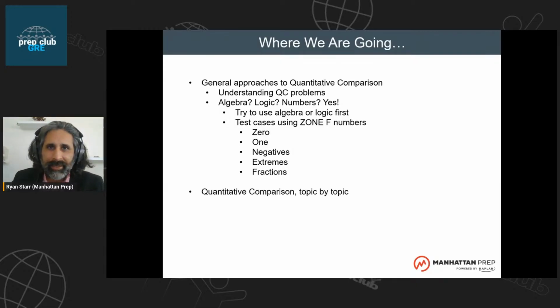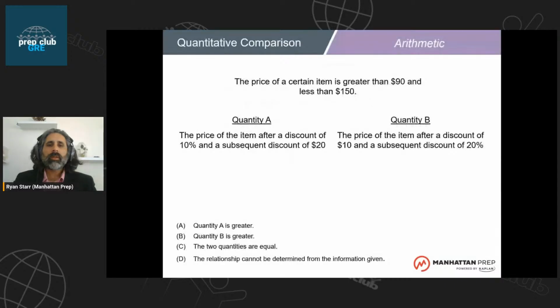Now let's see how quantitative comparison plays out in these different topics, one at a time, maybe two, depending. Starting with arithmetic. Arithmetic problems on the GRE just tend to give you a lot of numbers and ask about what you'd often consider arithmetic things.